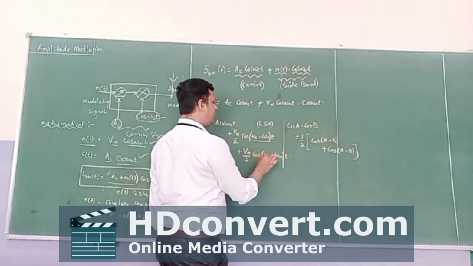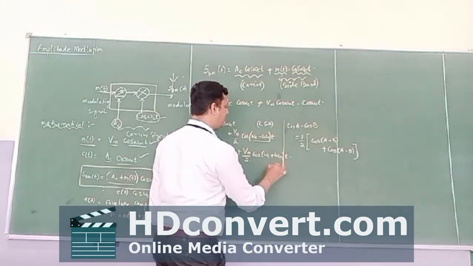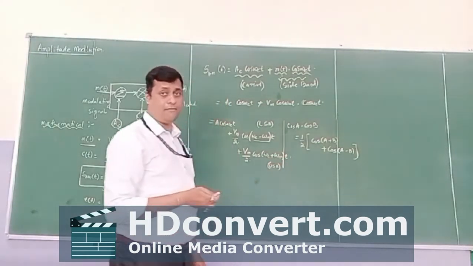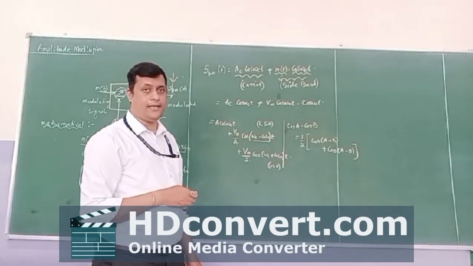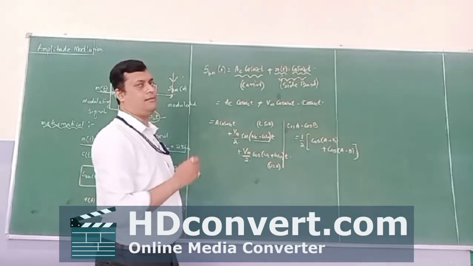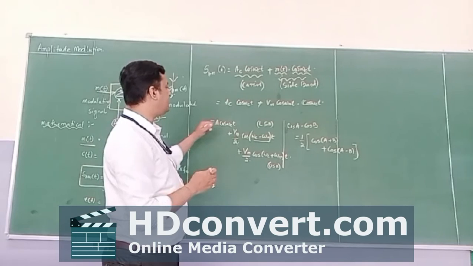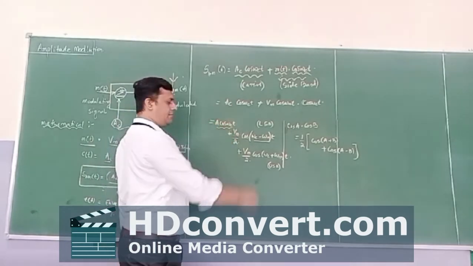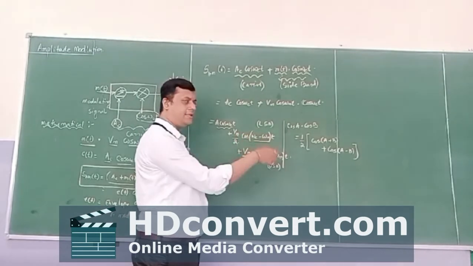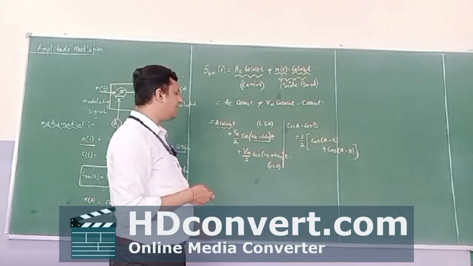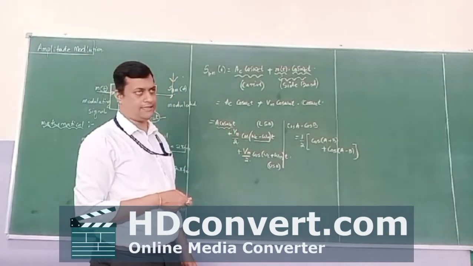And omega_c plus omega_m is called the USB component, the upper sideband component. While representing in the frequency domain, I will tell how to represent all this. For the time being, for mathematical analysis, the first component is our carrier, the second component is V_m by 2 cos (omega_c minus omega_m) t, and V_m by 2 cos (omega_c plus omega_m) t. Like this we can write.